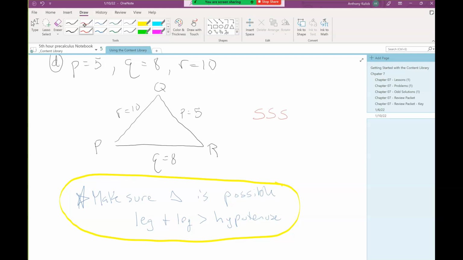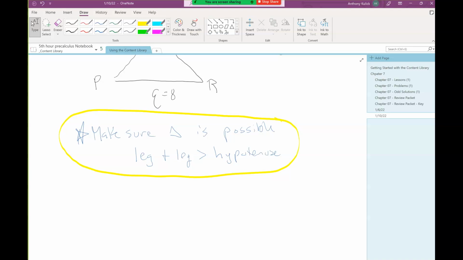But 8, 5, and 15, it's like, I don't know. Those aren't that big. But that's the check: leg plus leg has to be greater than hypotenuse. Note it is a strict greater than, right? If you had 8, 5, and 13, still no triangle possible there. Okay?